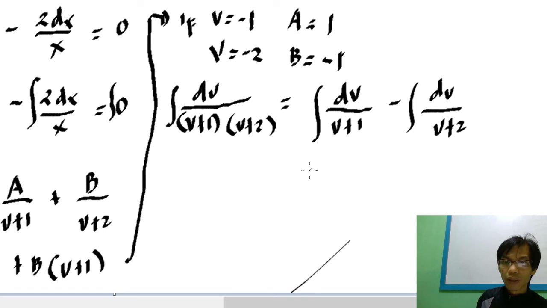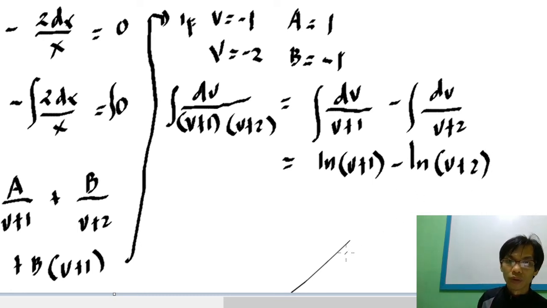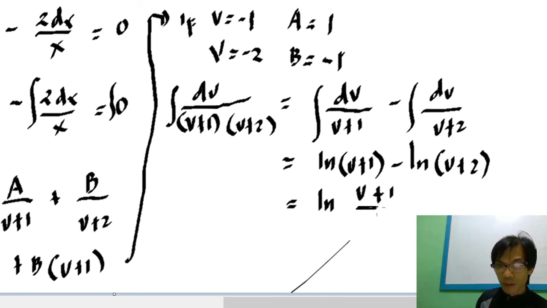So if we try to integrate everything, we have ln of v plus 1 minus ln of v plus 2, or that is actually ln of (v plus 1) over (v plus 2).